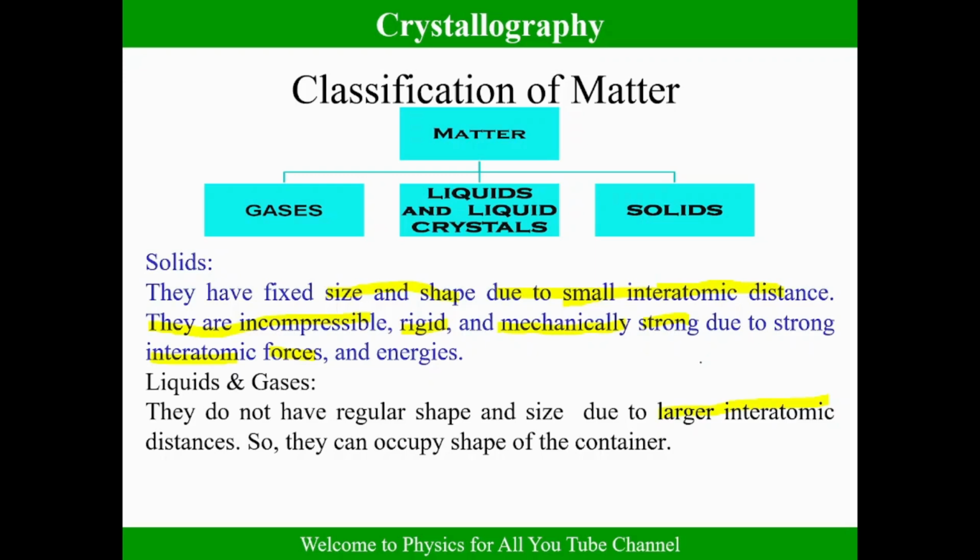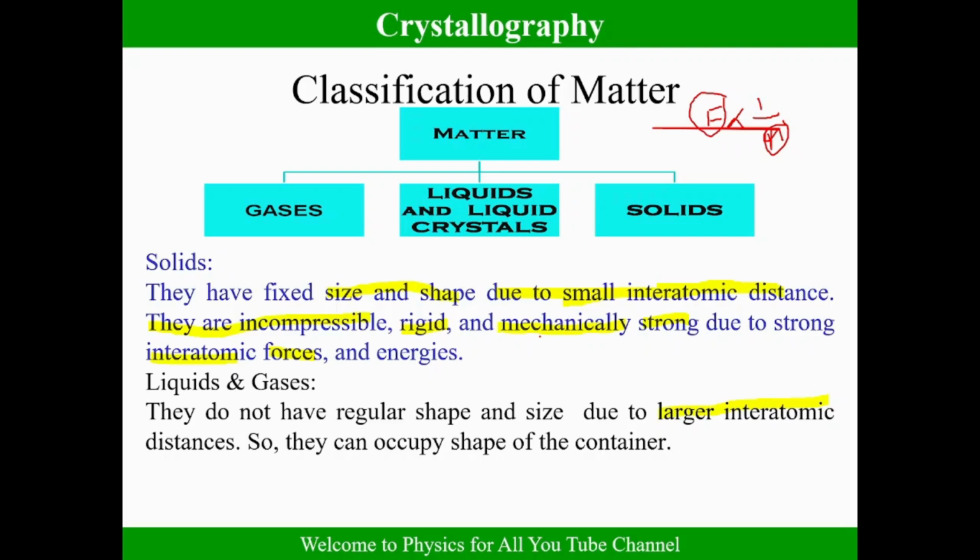Now, I am going to explain that there is a relation between the interatomic separation and the interatomic force: F is inversely proportional to 1/R. So if R has a low value, we will observe more force. These interatomic forces create binding energies.